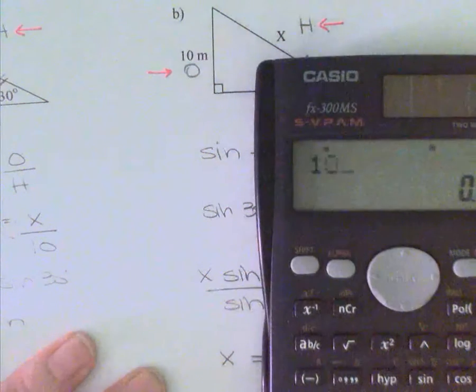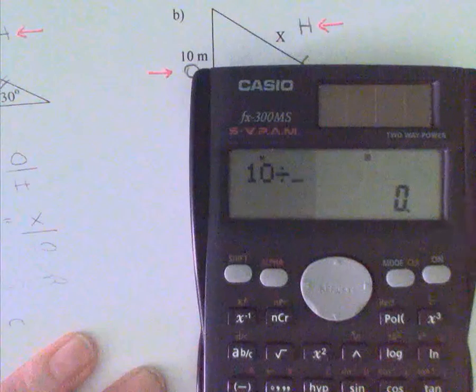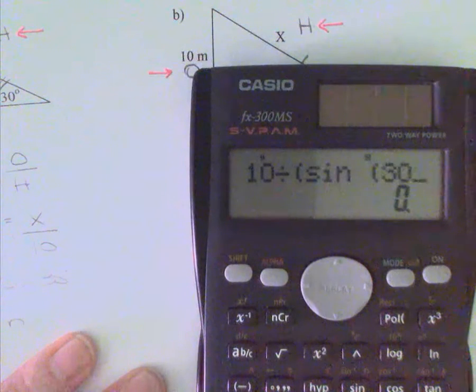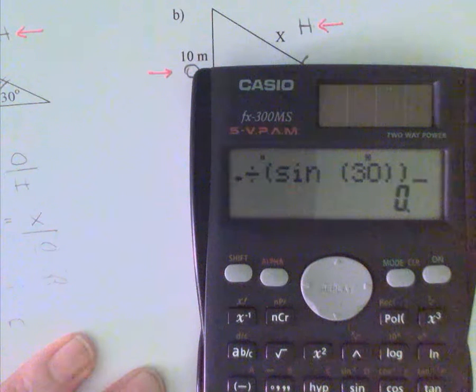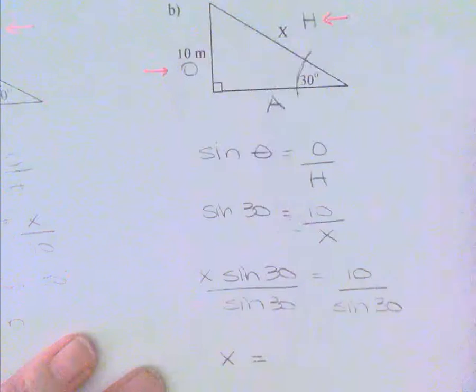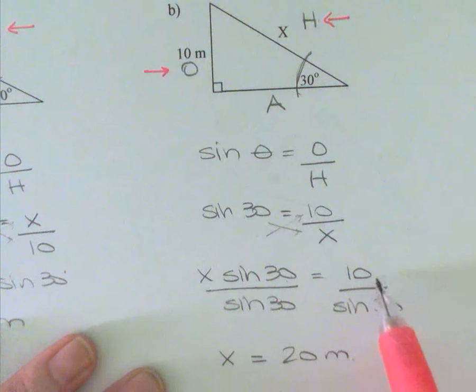So I can do 10 divided by bracket sine bracket 30 close 2 brackets and equals. And I'm going to get 20. If you have a different calculator, you might have to do 10 divided by 30 sine equals.